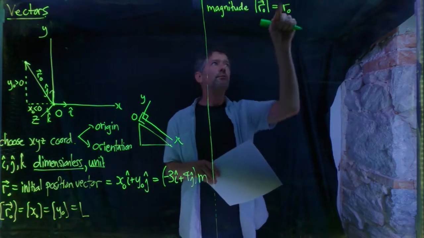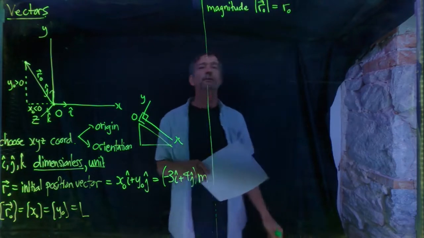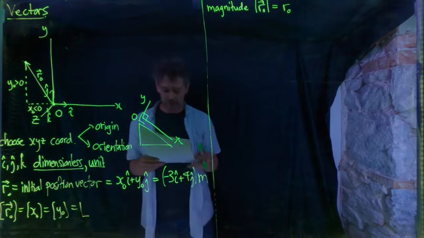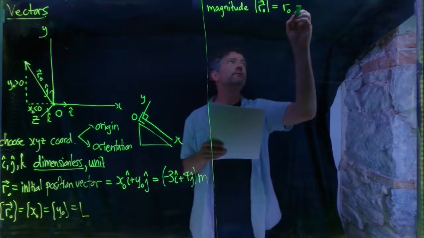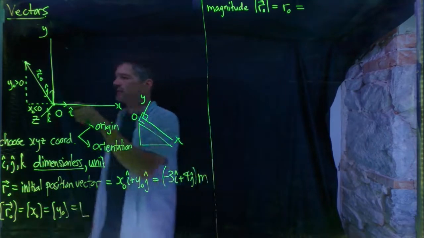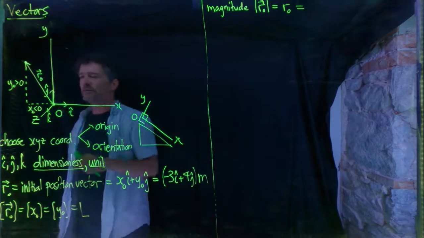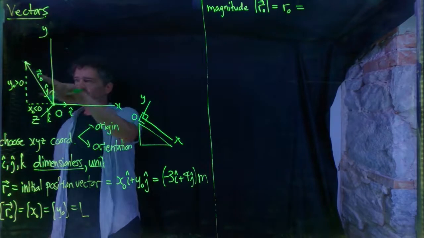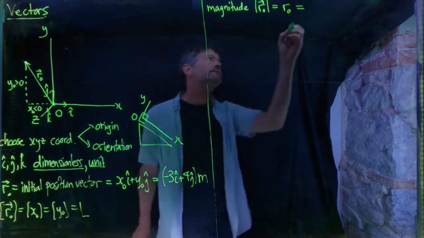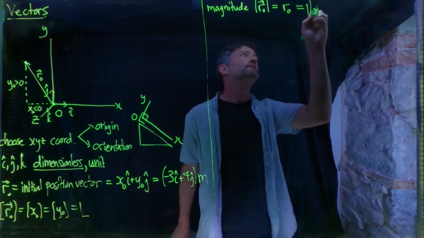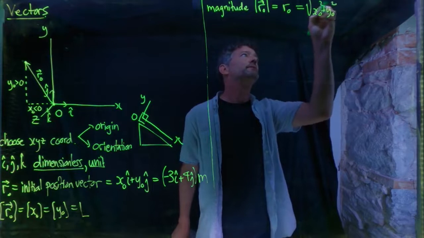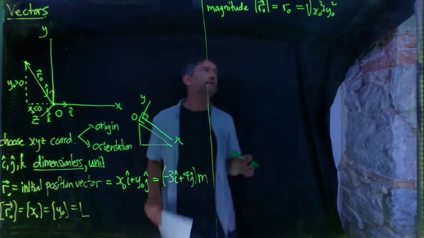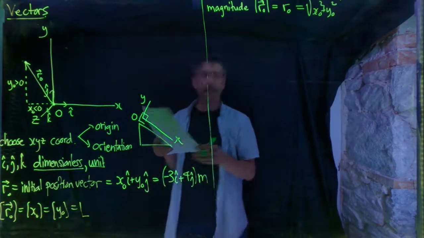So r0 without the vector on top means the length or the magnitude of the vector. And so you can see just from Pythagoras' theorem, we have a little triangle here, the length of the hypotenuse of that triangle is the magnitude of r0. Well, that's just that squared plus that squared, square root. And so it's the square root of x0 squared plus y0 squared. And so you can see that that's always a positive number, or 0.